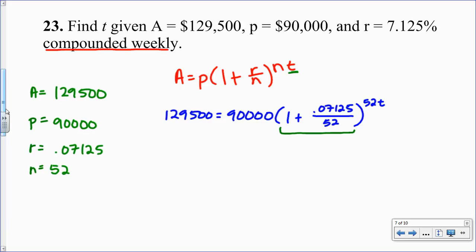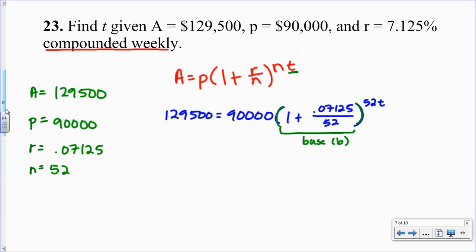That is just a number. It's not a very pretty number, and we're waiting to do the rounding to the end. I'm just going to say base B, but this is what I'm referring to here. I need to get this base by itself before I can do the log of both sides.